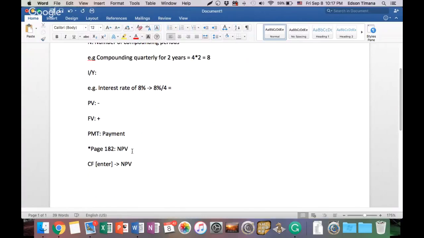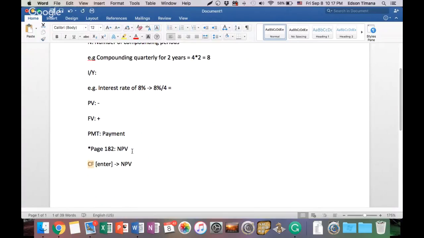However, I've noticed that the way that they do it is a little confusing, because you can get the same answer by simply using your net present value key on your calculator. And the way that you would do that is that you would enter the uneven stream of cash flows into your key called CF, that stands for cash flows.